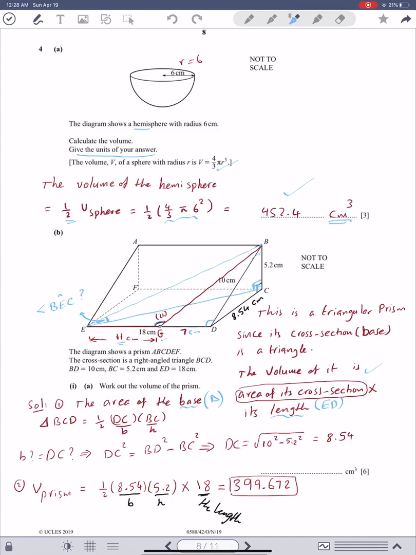BDG is a right angle triangle because this is a prism and the sides of the prism are always rectangles. This is well explained also in mensuration on my channel, in my lessons. So watch them again.